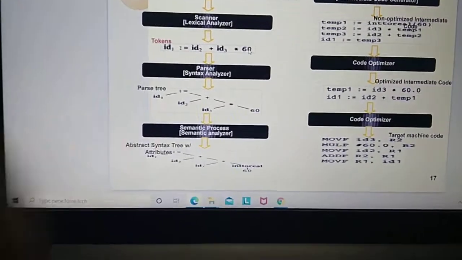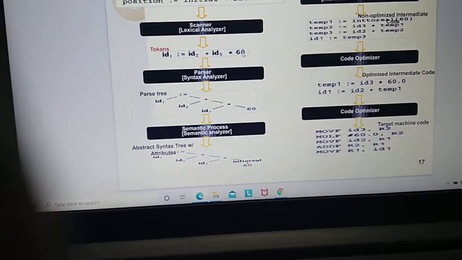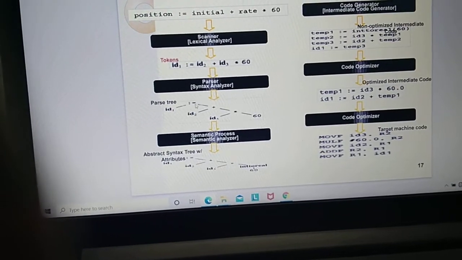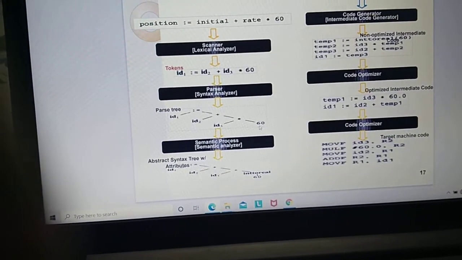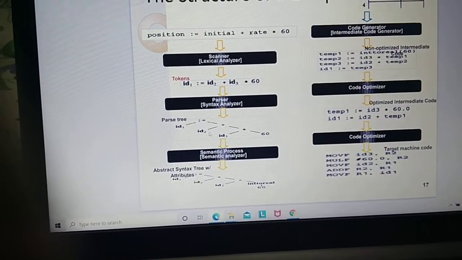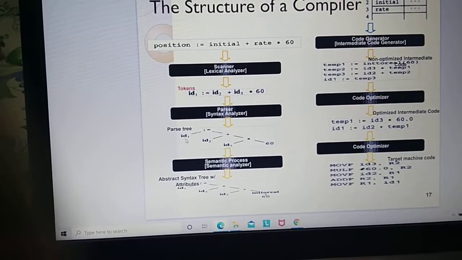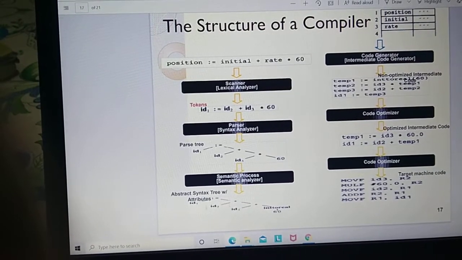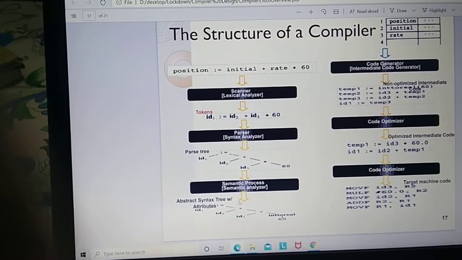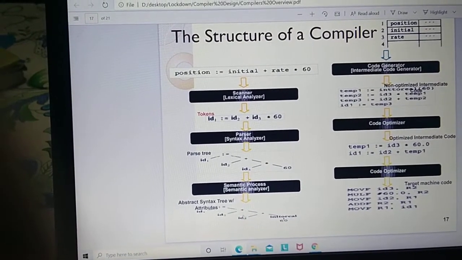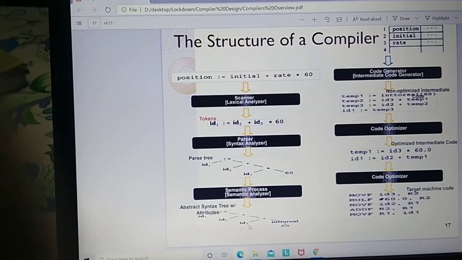Then the parse tree is generated when it passes through the parser in the syntax analysis phase. Identifier 3 into 60 is multiplied, then added with identifier 2 and the value is finally assigned to identifier 1. Then in the semantic analysis phase, when it passes through the semantic analyzer, the abstract syntax tree is generated.